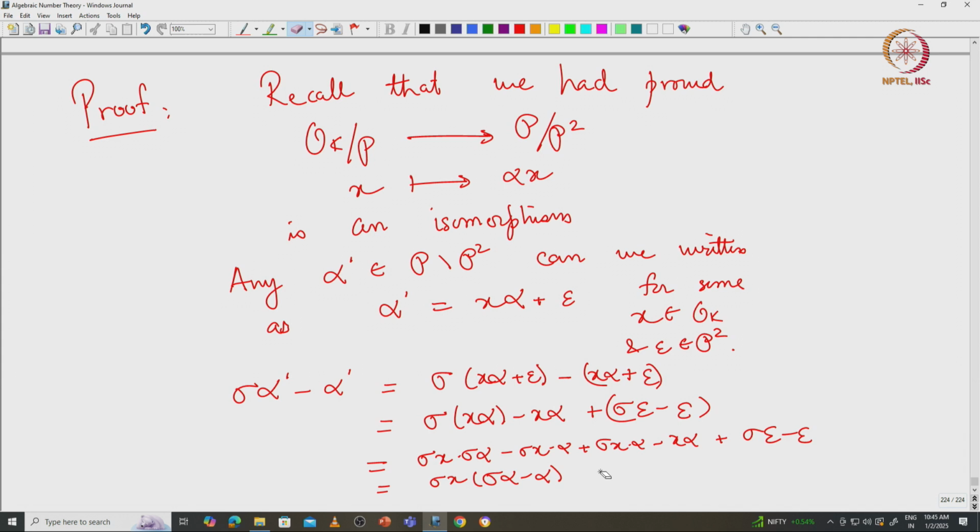Okay, this does not seem to give me what I want. x times sigma alpha plus x times sigma alpha, sigma alpha sigma x minus, okay, I think even the first one was fine, but let us work with what I have.